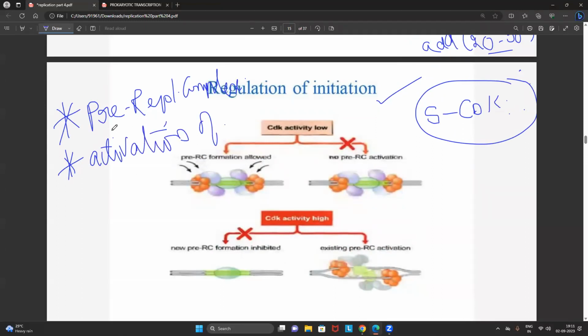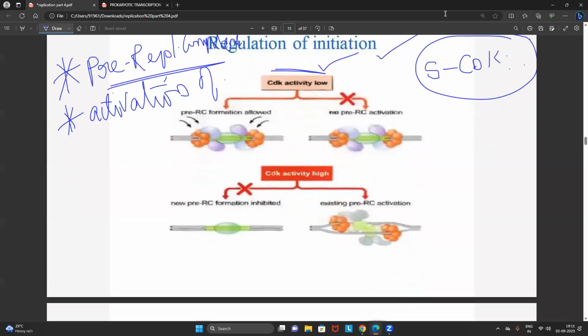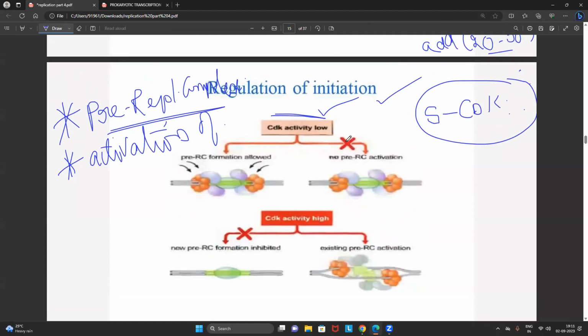Now the question is very clear. When the pre-replicative complex formation is happening, this is the most important step. The pre-replication complex will form whenever the activity of the CDK is extremely low. So try to understand my words correctly. Whenever the level of CDK is low, the entire pre-replication complex is forming.